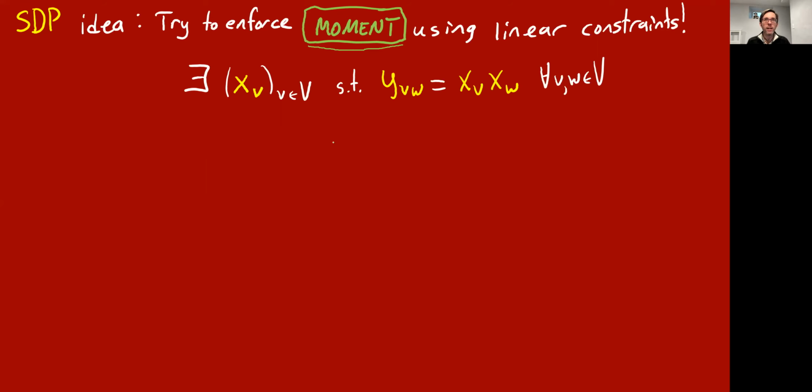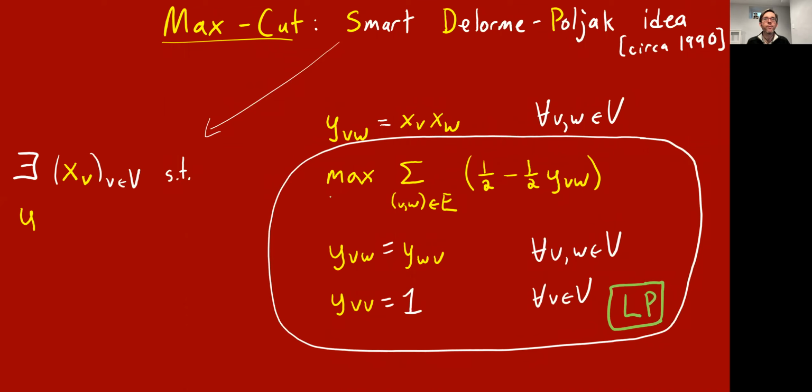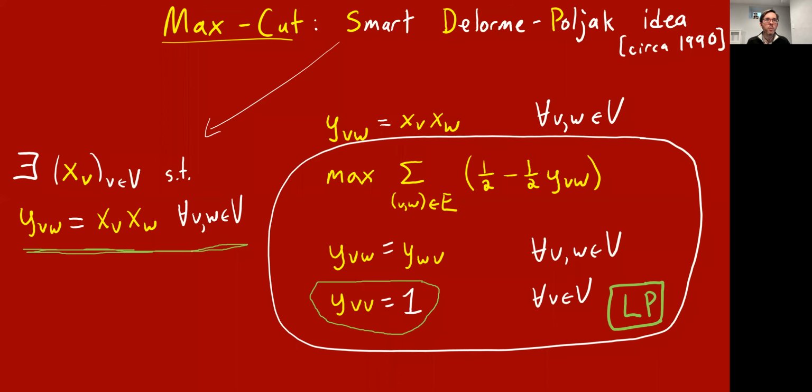In fact, let me go all the way back to that and just remind you of that. It's right here. So this is the LP, this part that's circled in white. It just involves the variables y. And we argued that if you could solve this while enforcing the moment constraint, then this fact, together with the moment constraint, would imply that these xv's have to all be plus or minus 1. And then yvw will just be plus or minus 1, depending on whether xv and xw are the same or not.